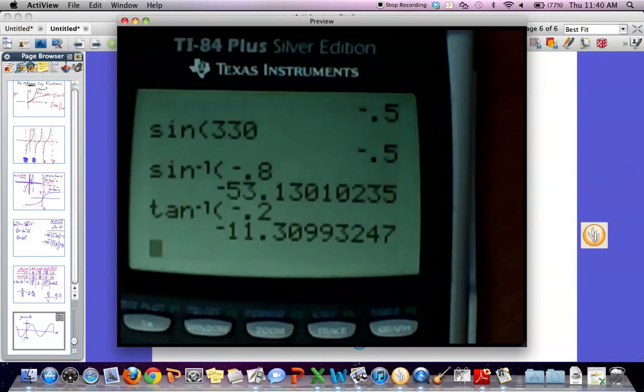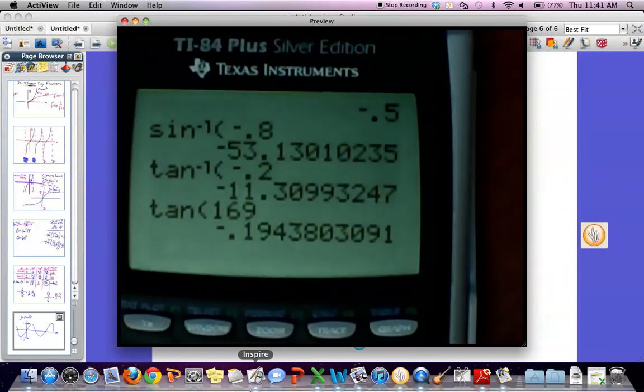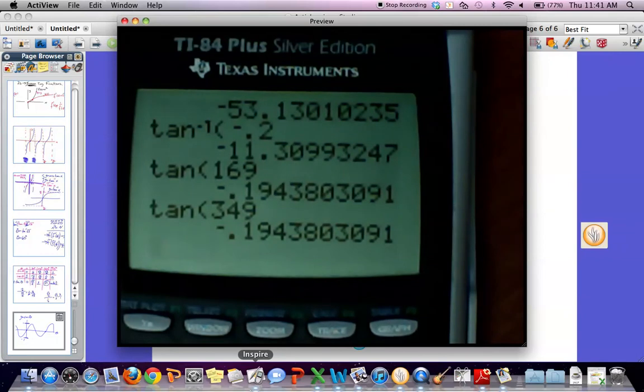What other quadrant is the tangent negative in? 2. That's your reference angle. What is the angle in quadrant 2 that references to 11? 169. So if I did the tangent, remember I've got negative 0.2 up here. If I do the tangent of 169, and if I do the tangent of 349, are we getting what we thought we would get? Remember, we rounded off a little bit, but that's close to negative 0.2.